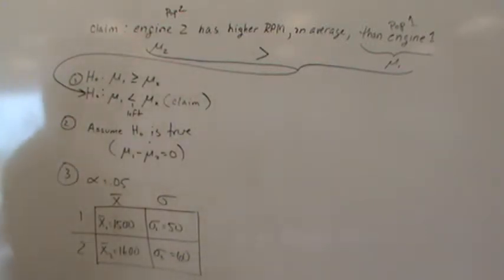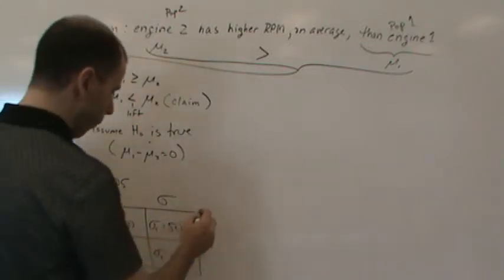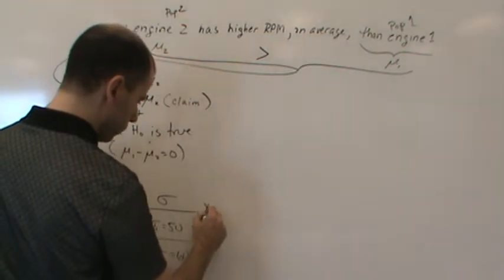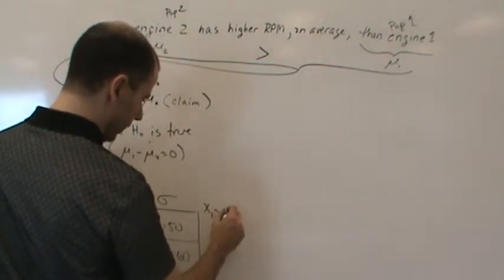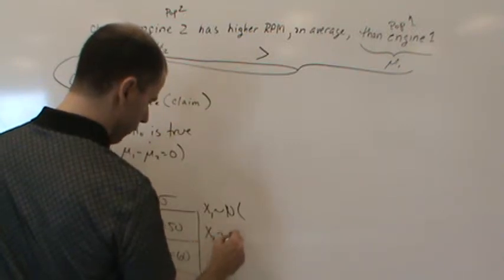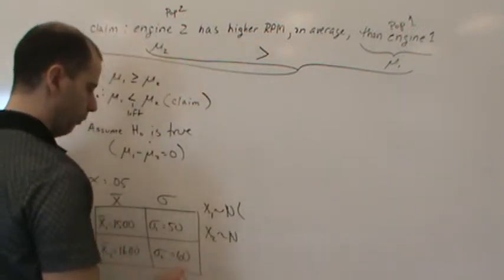And we have random samples. So that means that we do have the sampling distribution. So we know, based on this information, that X1 is normally distributed and X2 is normally distributed, right?